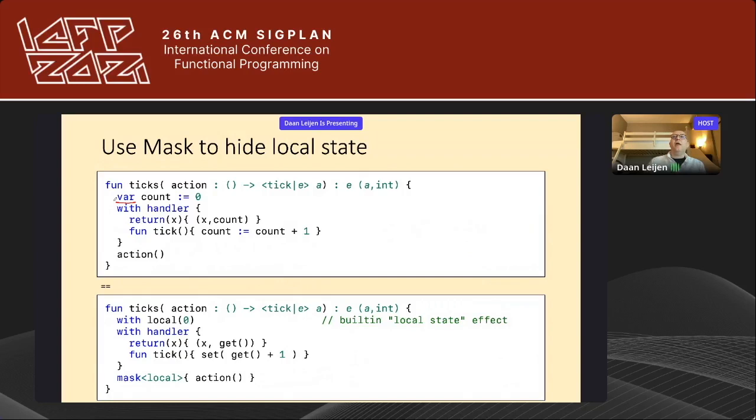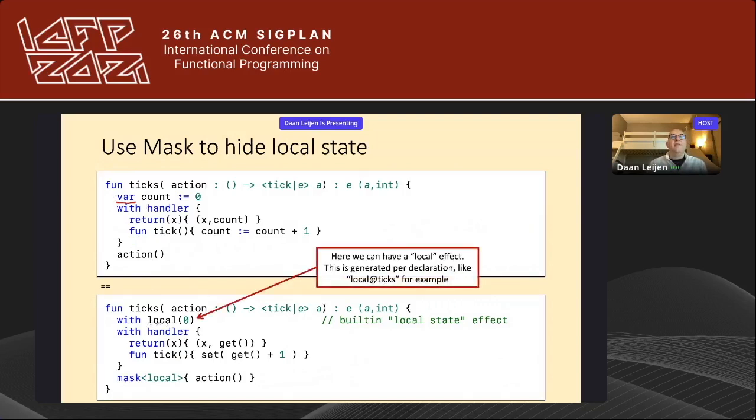I think one way to implement this, which I think is very nice, would be to have the compiler translate this so that for each of these local variables, it installs a local handler for local state, like a built-in state handler, using, for example, peek and poke as its semantics, with some initial value. And then inside here, you could use that local state handler to set and get it, like I'm doing here, just as syntactic sugar, basically.